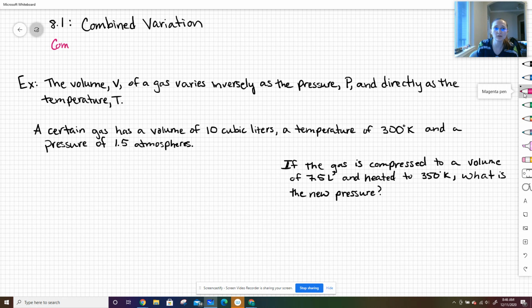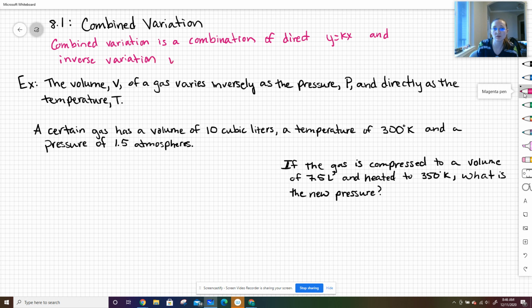Specifically, combined variation is a combination of direct variation, which is y equals kx, and inverse variation, which looks like y equals k over x.